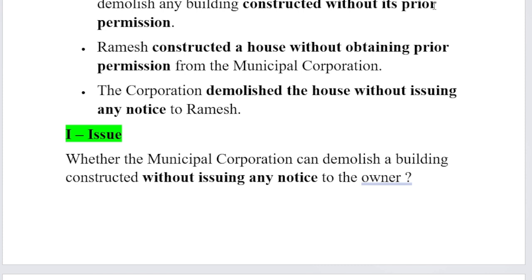No doubt there is a statute with regard to not giving notice, but whether this statute is constitutionally valid, whether the municipal corporation can violate the rights of the people, whether they can deviate from natural justice, whether they can cause a miscarriage of justice.